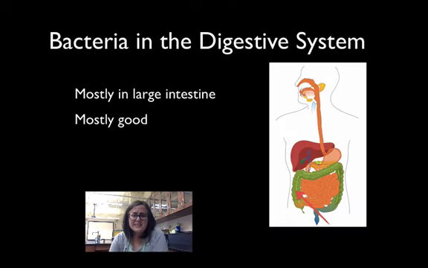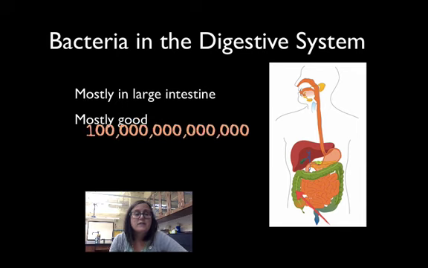So the bacteria in our digestive system exists throughout the entire thing, but it is mostly in the large intestine, and it is mostly good. There are about 100 trillion bacterial cells in our large intestine alone, and all of that bacteria put together weighs 3 pounds. Considering how tiny bacterial cells are, that is quite a lot of bacteria.